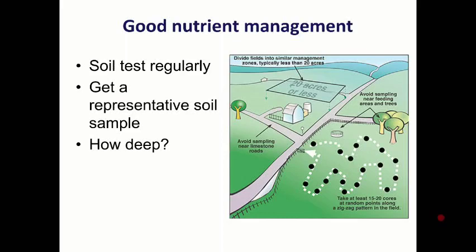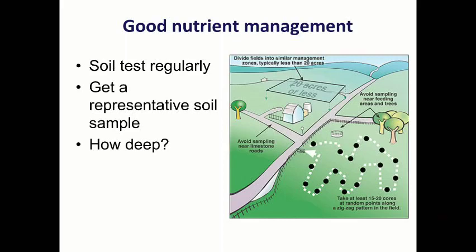And you try and get a representative soil sample. There's an image of a somewhat random path taken across a field, and you would then mix the samples into a bucket and submit probably one sample to the lab. That image shows how you typically divide fields into similar management zones. So how many soil samples do you need to take and send to a lab?